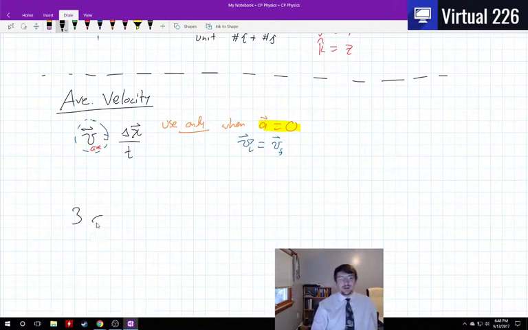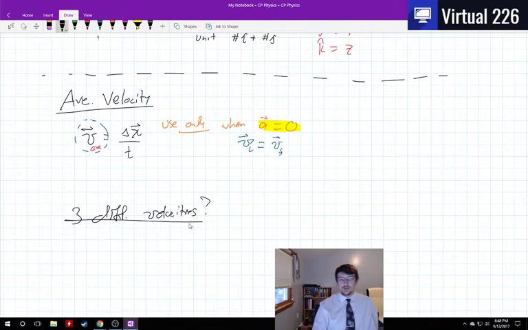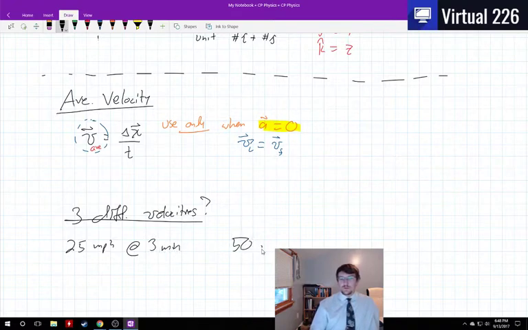you have 3 different velocities. Like you've gone 25 miles per hour for, I don't know, 3 minutes, and then you go 50 miles per hour for 1 minute. Okay?